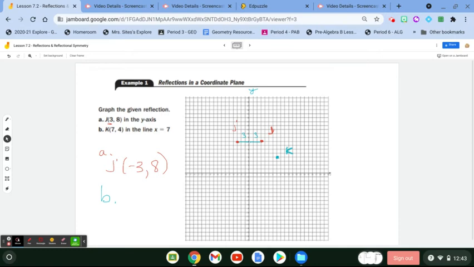So it's not asking you to go across the x-axis, it's asking you to go across a particular line. If you remember from algebra, we had a vertical line whenever you had an x equals problem. So let's draw out our line right now at x equals 7.